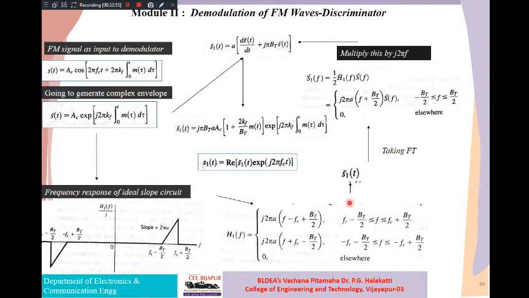After taking its Fourier transform, we get its frequency components as S1'(f) equal to half of H1'(f) and S'(f), ranging from minus BT by 2 to plus BT by 2. Bandwidth is BT. Now we have to get its equivalent time domain signal back by applying the inverse Fourier transform, by multiplying it by e to the power j2πft and taking the integration.